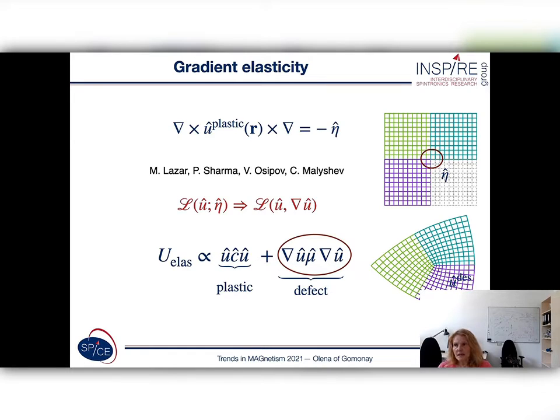Instead of a singularity which is introduced in the equations externally, we have a self-consistent system of equations, and the information about the defects is coded in the terms with gradients, while the rest of the terms describe plastic deformations.